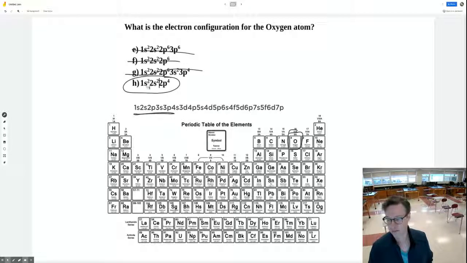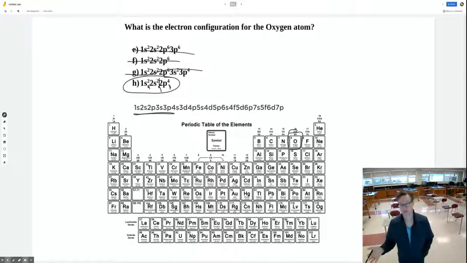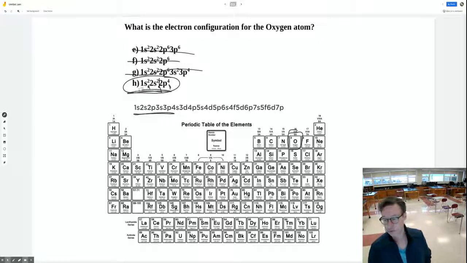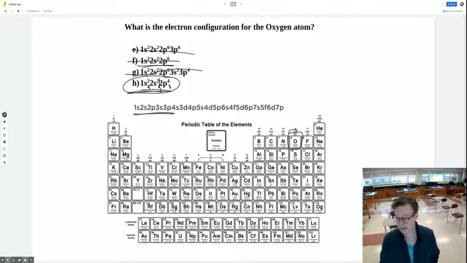And are they filled up correctly according to the rule, where you don't have partially filled orbitals and then orbitals above them that have electrons? So that would be the other question that I could give you, is if I gave you 2 choices that both had 8, but one of them was in the wrong order or violated one of the rules, that would be the way to eliminate that choice.